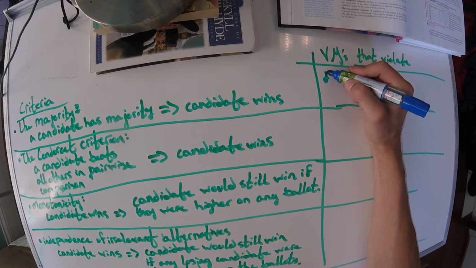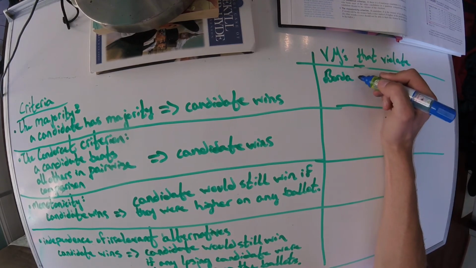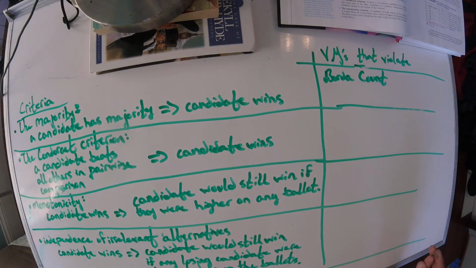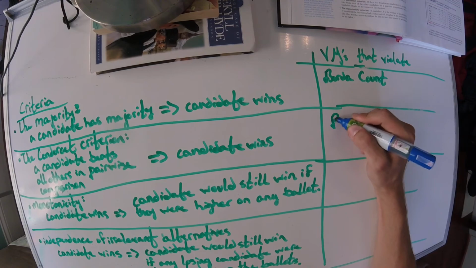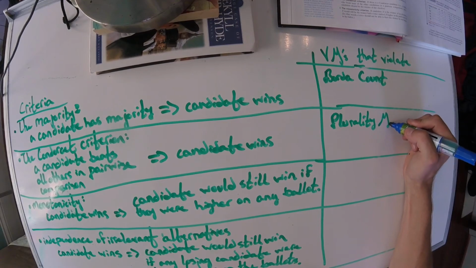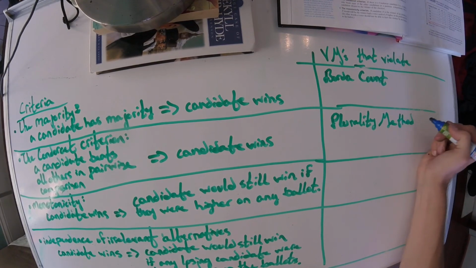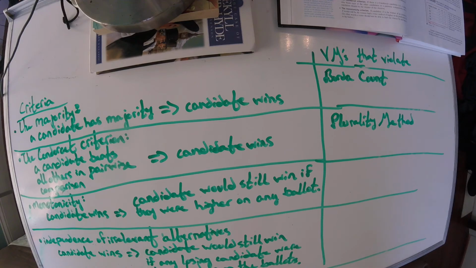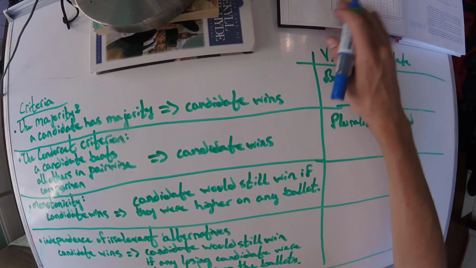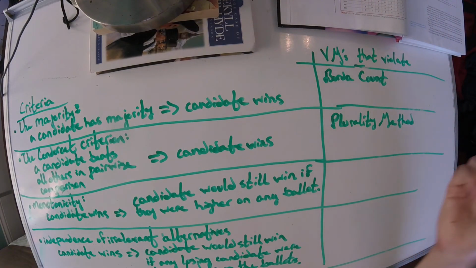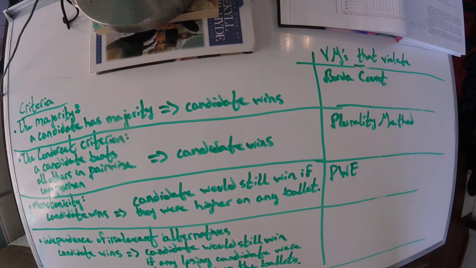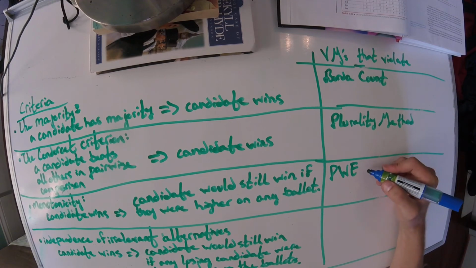So the Borda count method, that one violates the majority criterion. The plurality method violates the Condorcet criterion. And then the plurality with elimination method violates the monotonicity criterion.